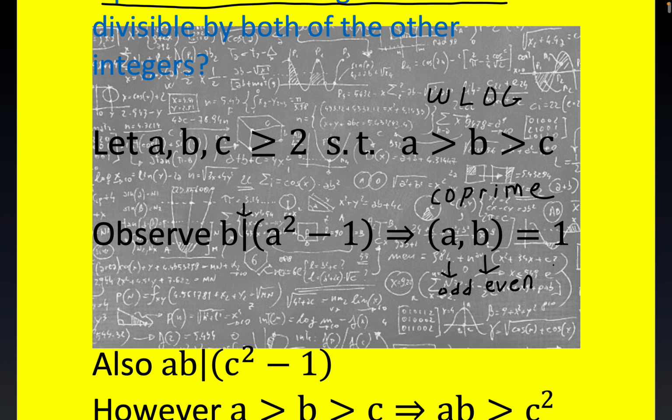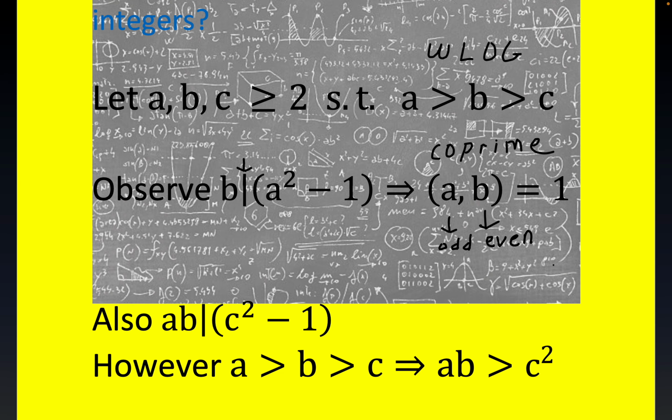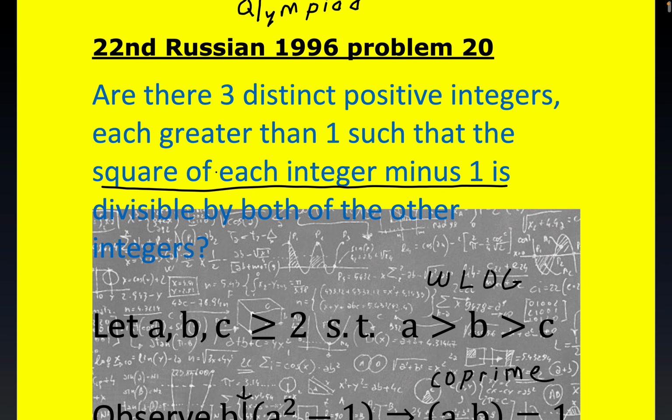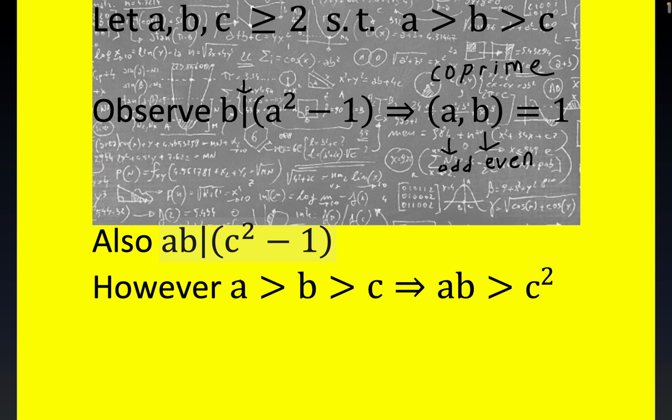All right, so now why is that important? Let's go on down and take a look here. We also have this statement right here that AB divides the quantity C squared minus 1, and again, that's just the problem statement. For all three of the numbers, we have this kind of symmetry going on, where we have AB dividing C squared minus 1 in this case. Now, what does that imply? Well, this original statement, A greater than B greater than C, implies AB is greater than C squared, and you can see that's crystal clear.